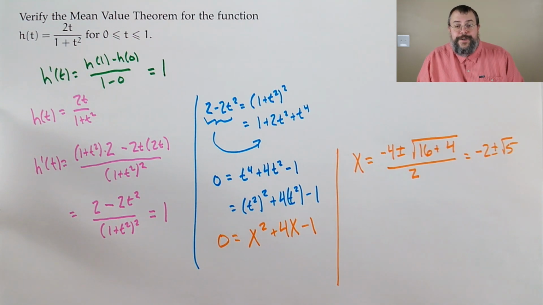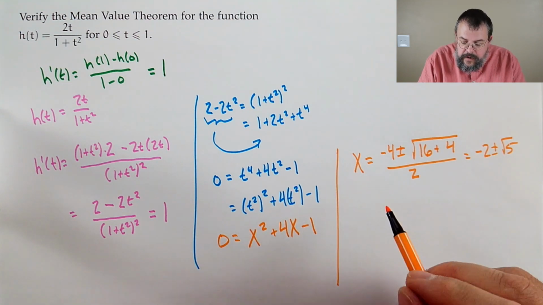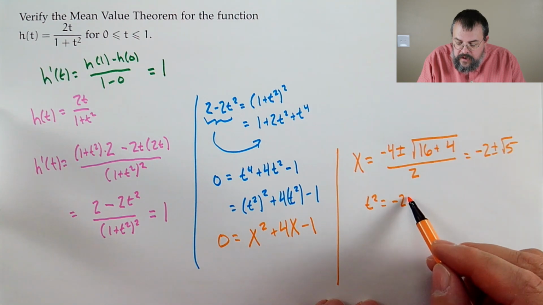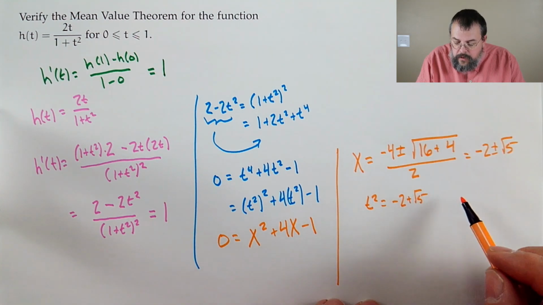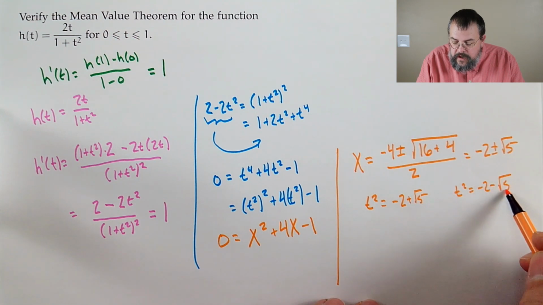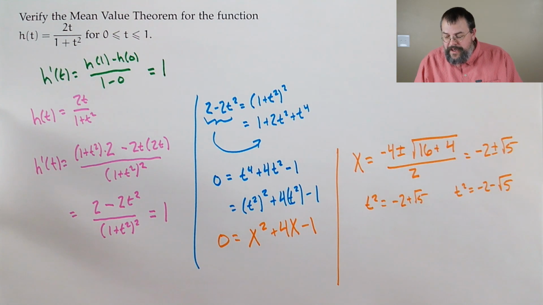All right, good. So what does that tell us? Well, x is acting as t squared. So we get t squared is either equal to negative 2 plus root 5, or t squared is negative 2 minus root 5. Well, wait a second, hold on. t squared, that's the square of something. I can't square something and be negative.